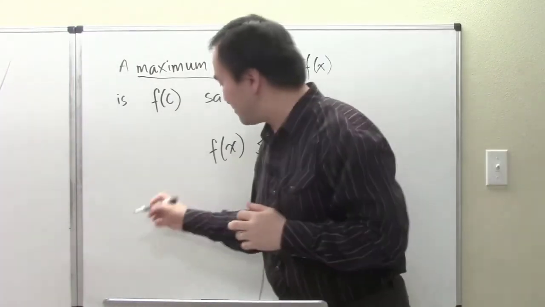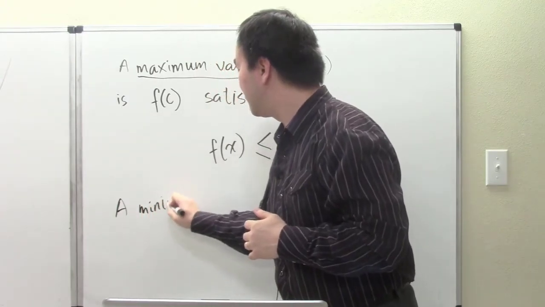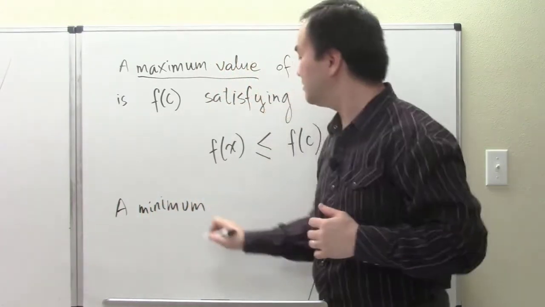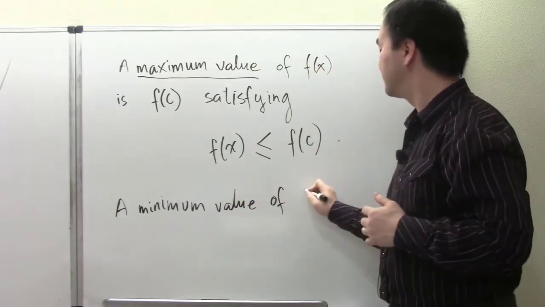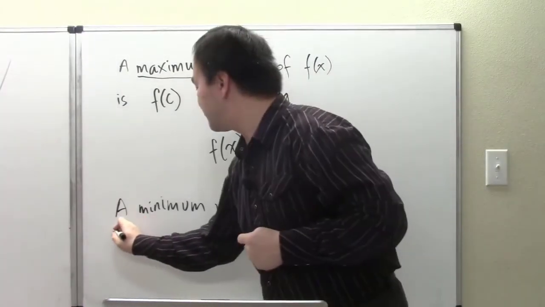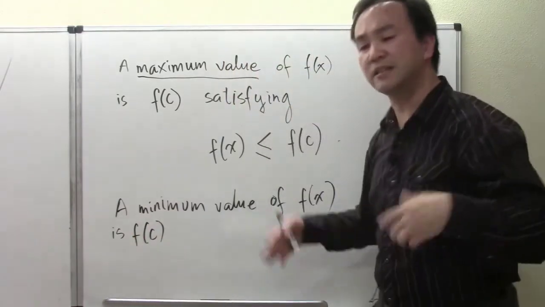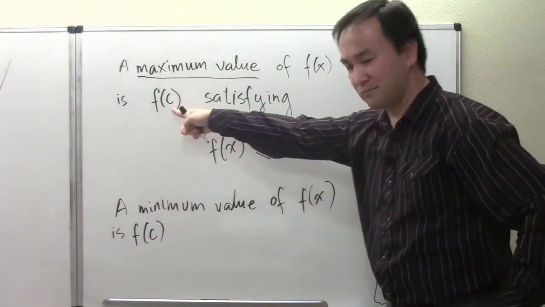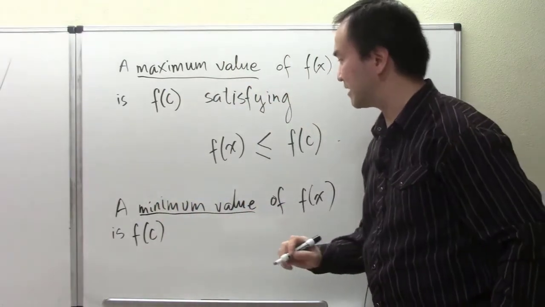And now, similarly, a minimum value of a function f of x is some f of c value, against some other f of c. It shouldn't be the same c here, but I just happen to use the same notation.